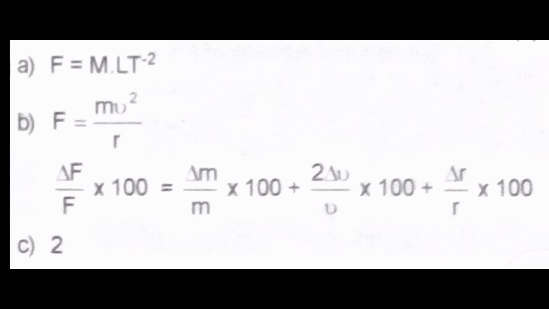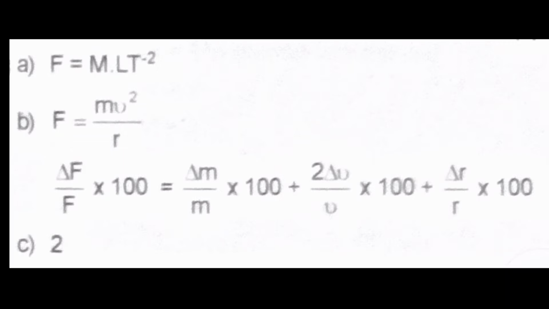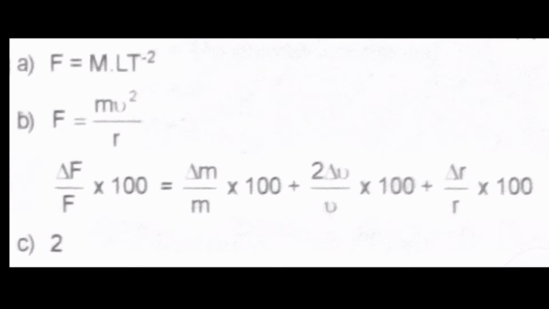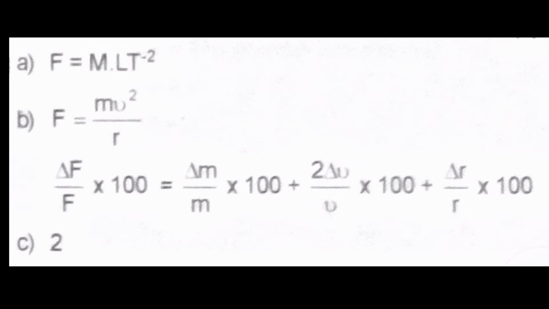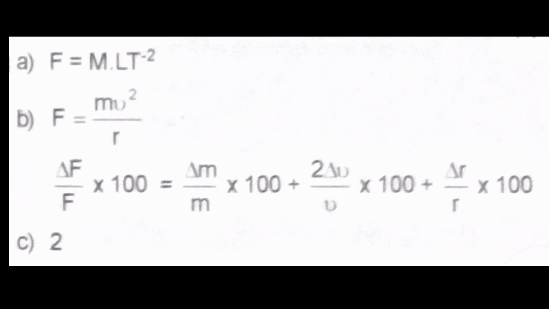If you don't remember that, you can find it from this equation also. That is mv square by r is given here. So from this equation, how can we calculate the dimension? Here we have m. What is the dimension of m? That is M itself, right? What is v? V is the velocity, right? So what will come? L by T, so that will be L T raised to minus 1. And what about r?